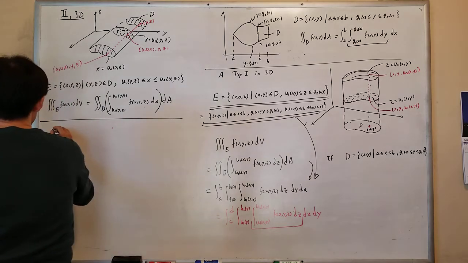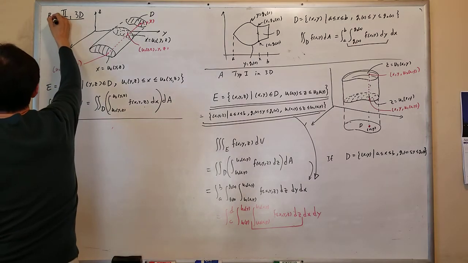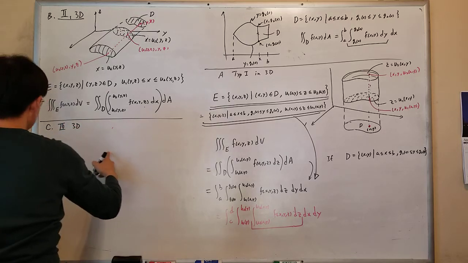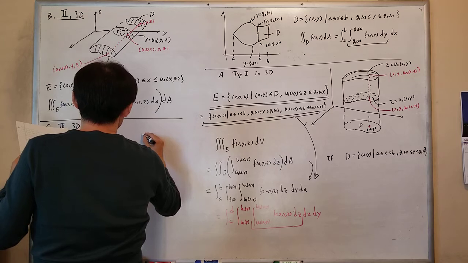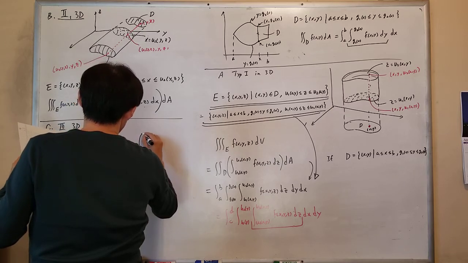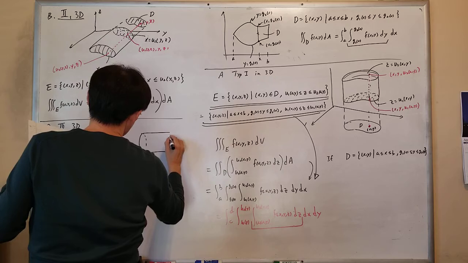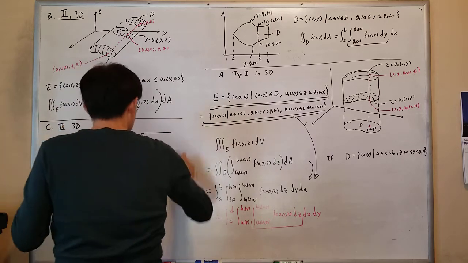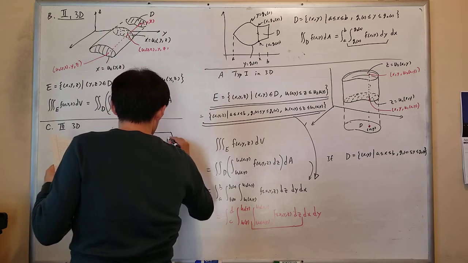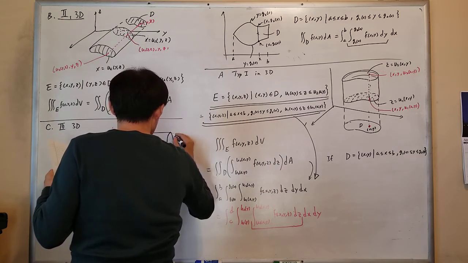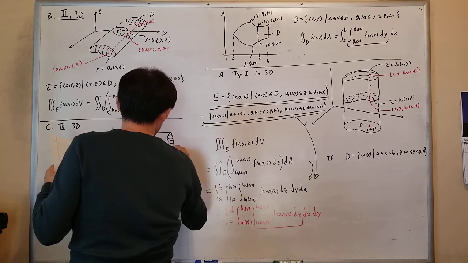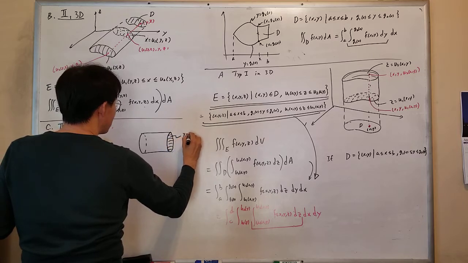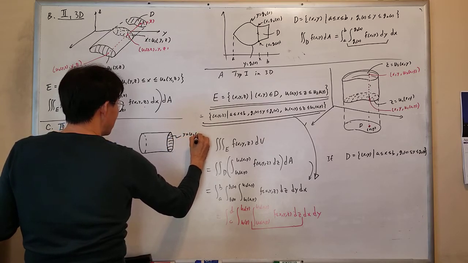Likewise, the 3D version of type 3 is as follows. There is some surface here, y equals u2 of xz.